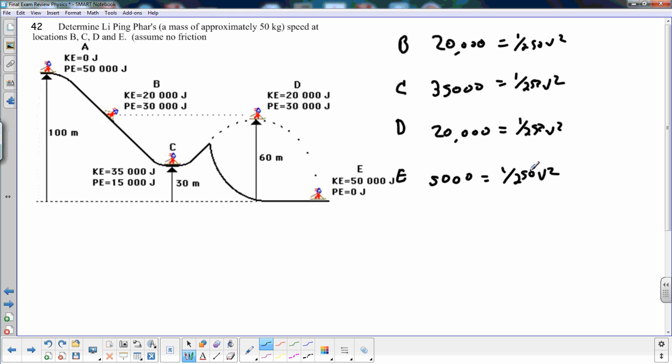Square root of that. 37 meters per second. 50,000 times 2 divided by 50. That's our mass, and that's the algebra. The square root of it. 44 meters per second.